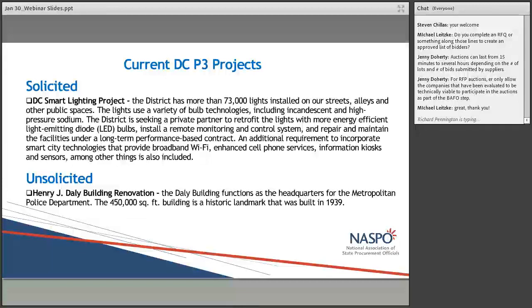And I'll just read another question that came from Walt a little bit earlier. Since the reason for conducting reverse auctions is to increase competition and thereby reduce costs, what kind of advantage has your agency derived from it?